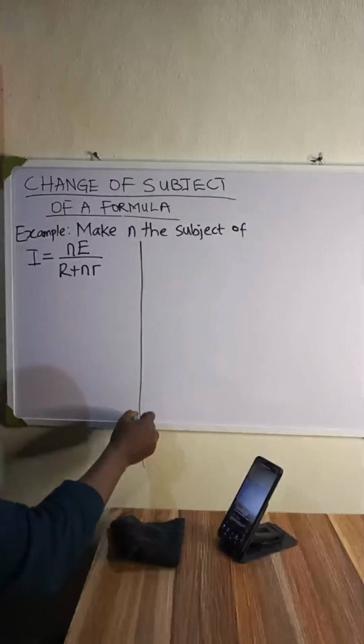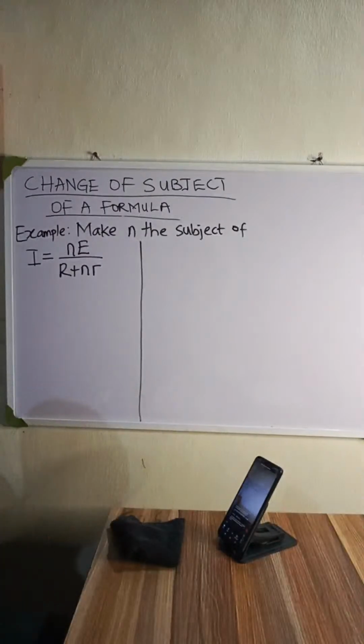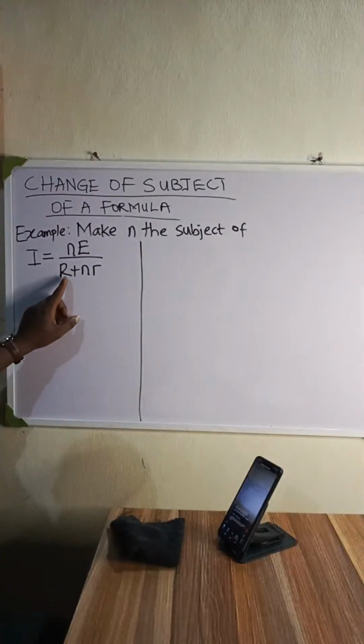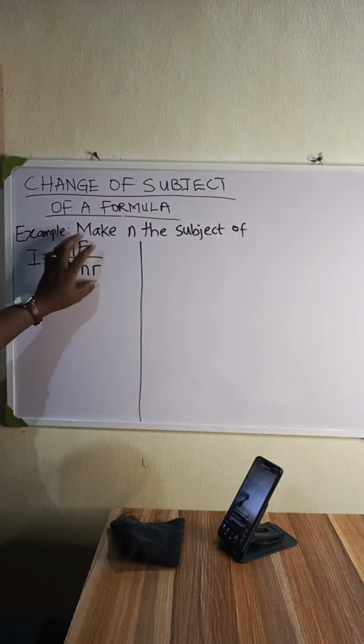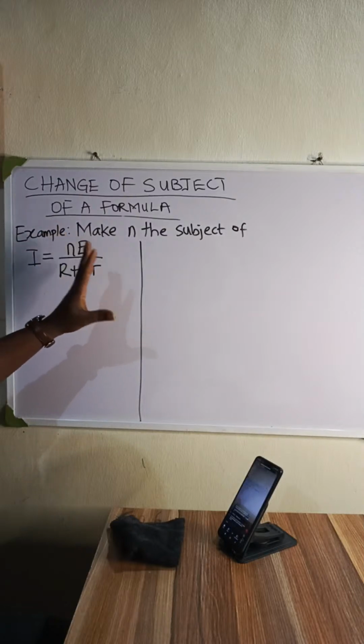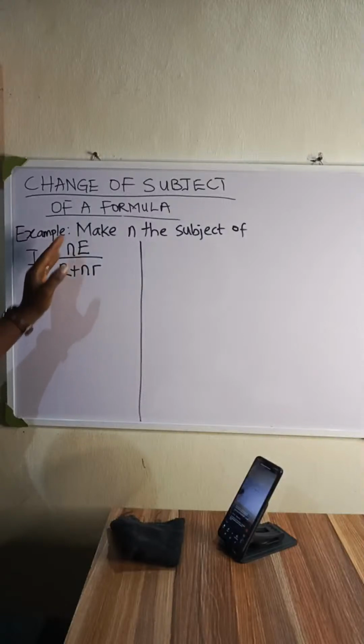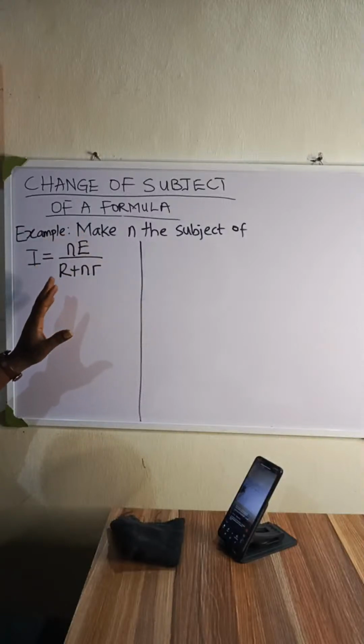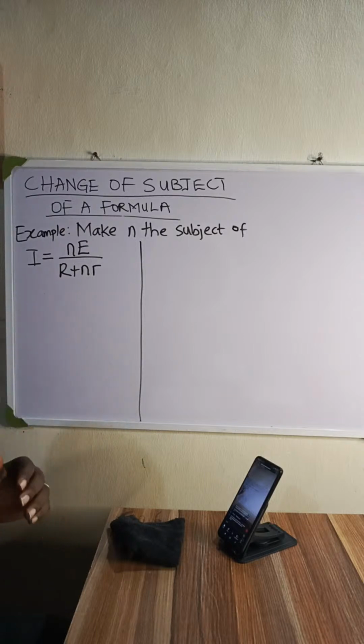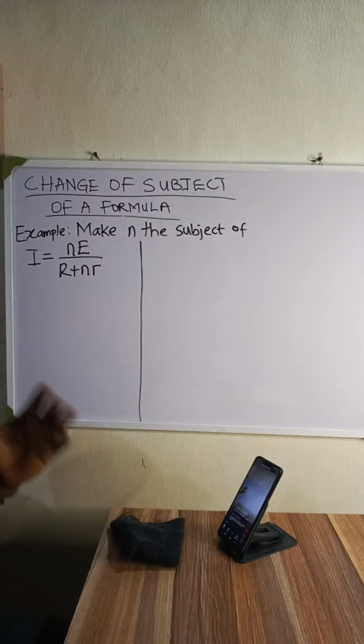Since we don't have anything that is hindering us from cross multiplying, there's no square root, there's no square covering these values, we can simply go ahead and cross multiply.